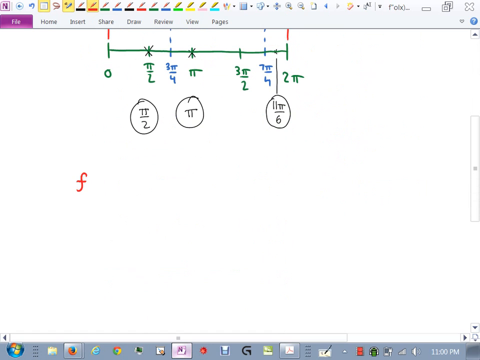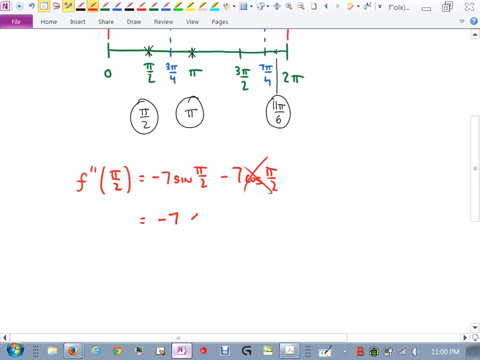If I take f double prime of pi over 2, plug that into my second derivative, I get negative 7 sine of pi over 2 minus 7 times cosine of pi over 2. Sine of pi over 2 is going to be 1, so times negative 7, I get negative 7. Cosine of pi over 2 is 0, so that's gone.